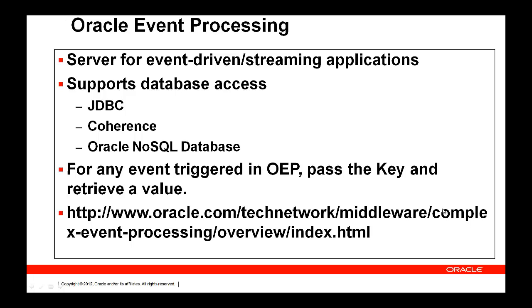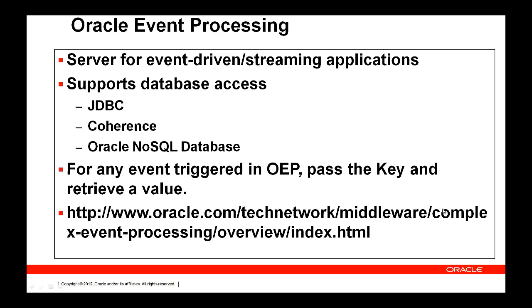Imagine a stream of stock prices. If a stock, say Oracle, goes above a certain price, we want to know if a certain customer, XYZ, has registered an alert for that price. This reference information, the customer XYZ, and what action to take for that stock price is stored in Oracle NoSQL Database.